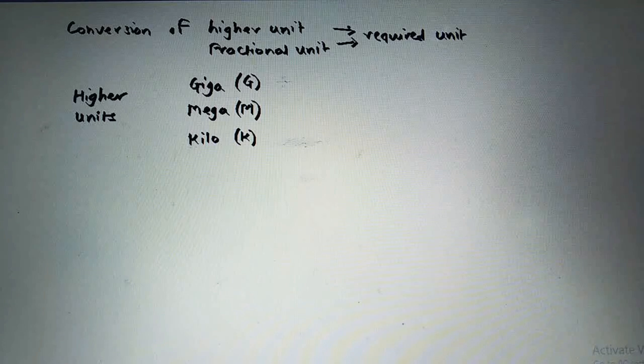If we have to convert giga, we multiply the required unit by 10 raised to 9.